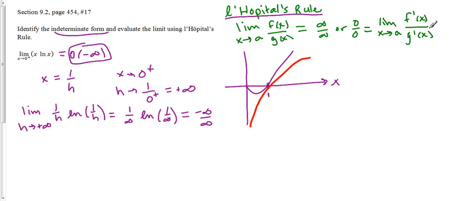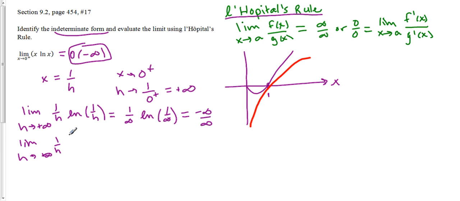And remember again that I'm taking the derivative of f of x and putting it in the numerator. I'm taking the derivative of g of x and putting it in the denominator. I'm not using the quotient rule here. So I've got my acceptable indeterminate form that I know what to do with.